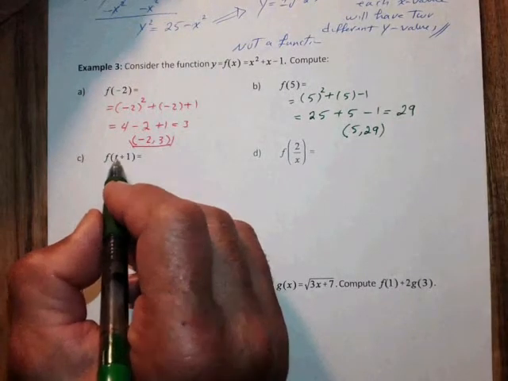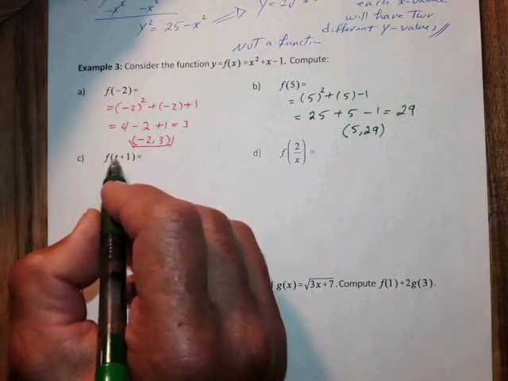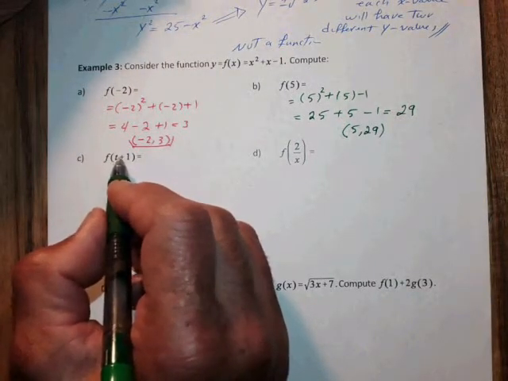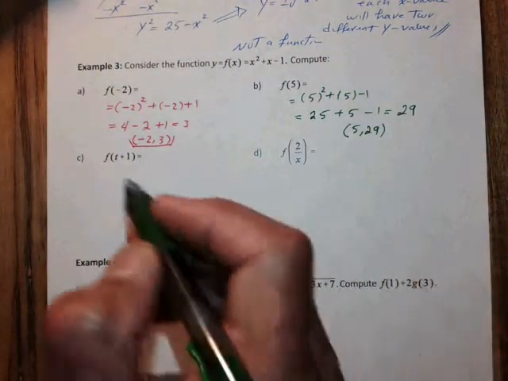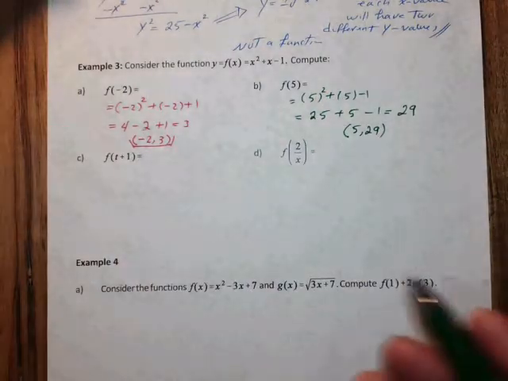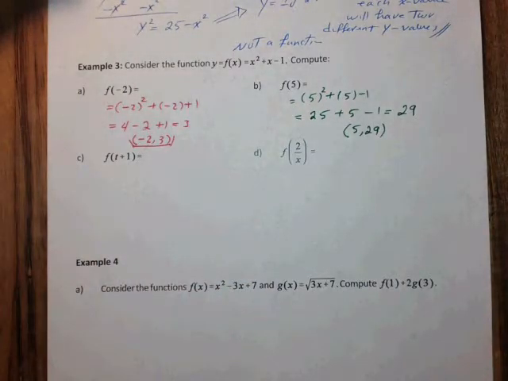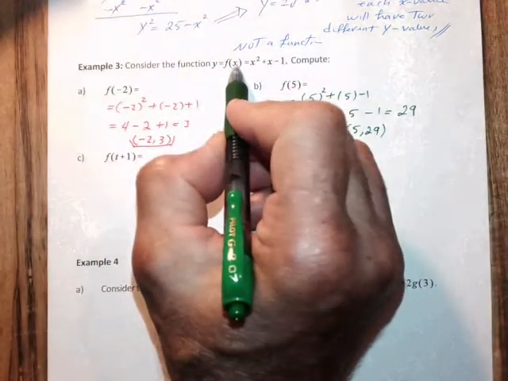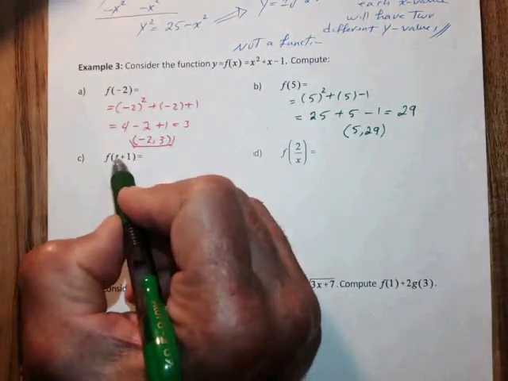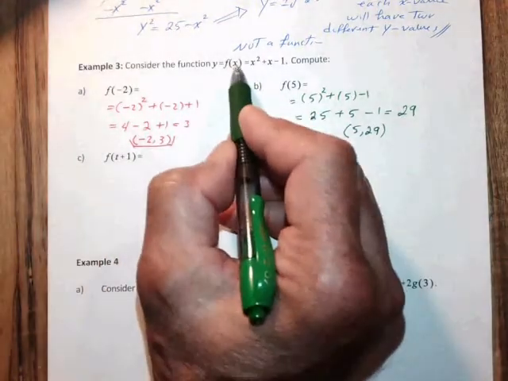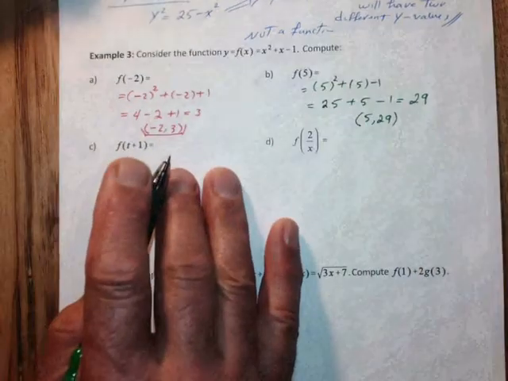And f of t plus 1, that means now the input is t plus 1, whatever t is. It doesn't matter. t is a real number, therefore t plus 1 is also a real number. So what happens here is that if I have x, these are the x values, but if I put t plus 1, that means I have to replace all these x's by t plus 1.